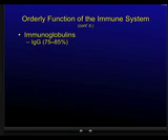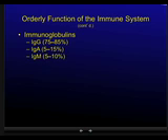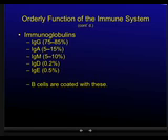Immunoglobulins come in several flavors. IgG makes up about, let's call it, 80% of total immunoglobulins, while IgA is about 10% and IgM about 8%, IgD about 0.2%, and IgE about 0.5%.